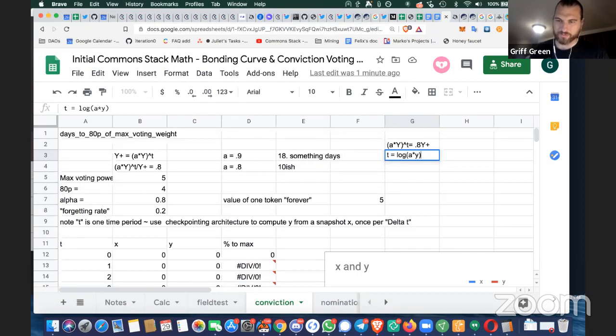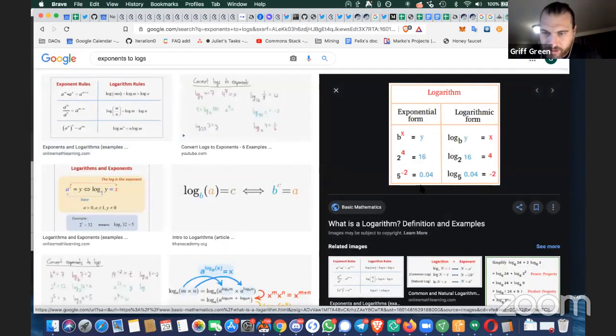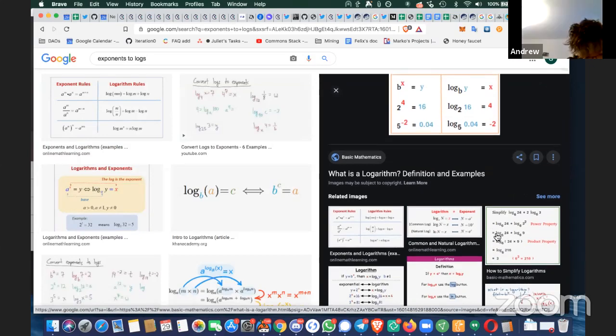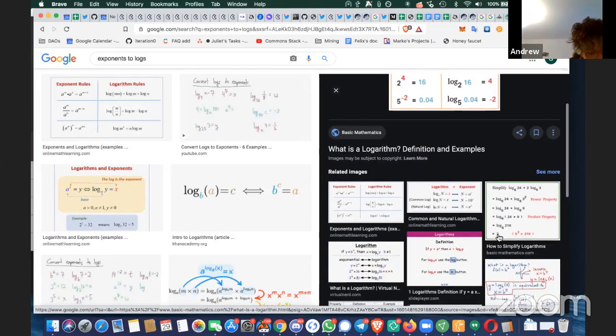I can't make subscript, but I guess we just say log, that's like the base, and then we'll put some space there, and then it's like 0.8 y plus. And then there's probably some magic around how we use base. With this, you just log 10 both sides.